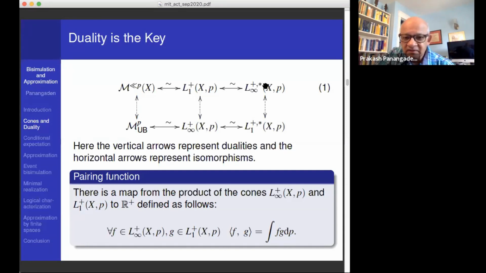So this square actually just repeats a lot of that information, because it says L1 plus is isomorphic to L infinity plus star, the dual of L infinity plus, which is just saying that this vertical arrow is a duality. And similarly, this isomorphism says that arrow is a duality. So these are duals, those are duals. And this pair of isomorphisms means the spaces of measures are duals.